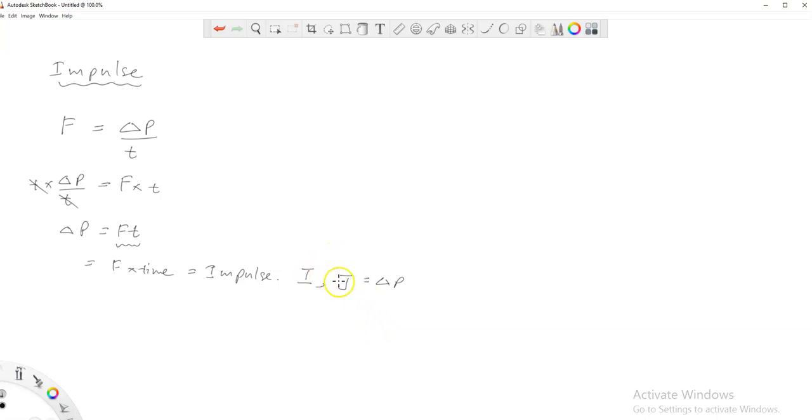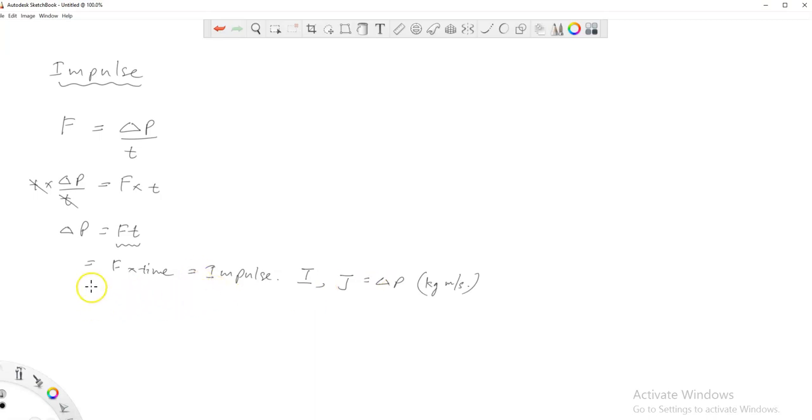The unit is the same as the units of momentum, kilograms meters per second. Most of the time impulse is used to indicate large forces applied within a short period of time. In a practical sense, that's when we use the term impulse. If a force is applied in a very short time, we say that it creates an impulse. But in general, it's just force multiplied by time.